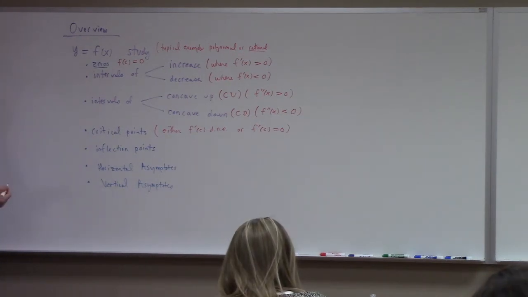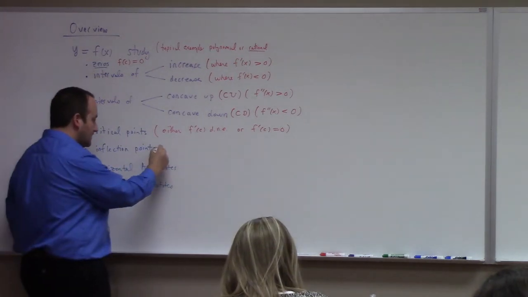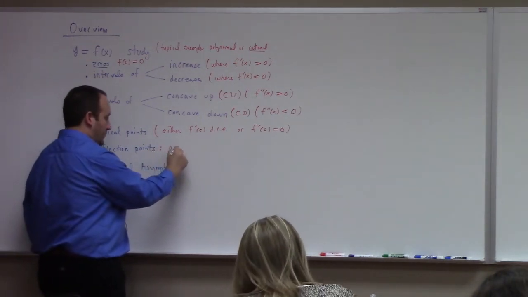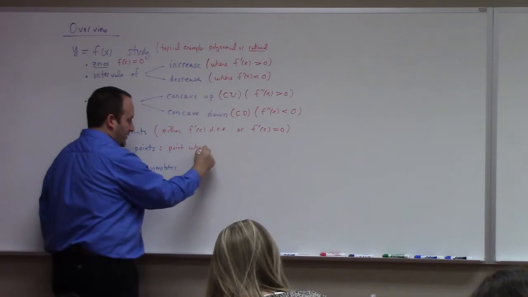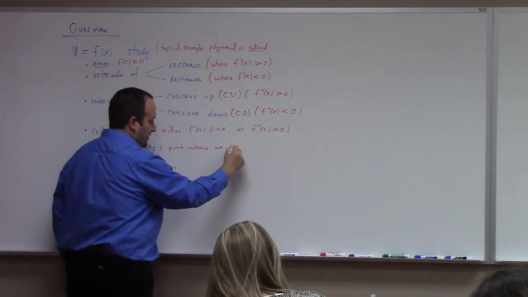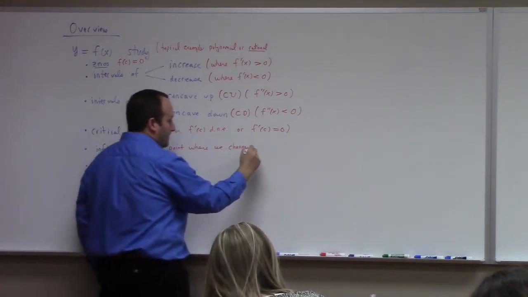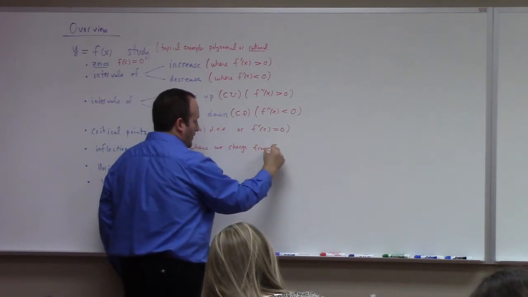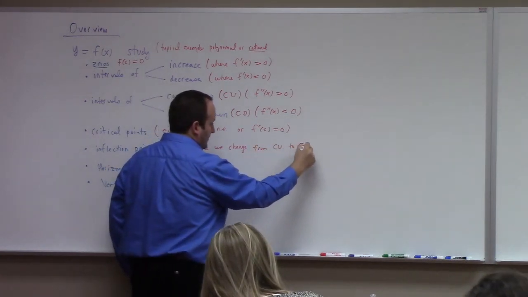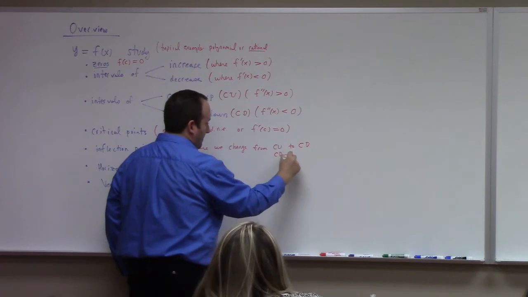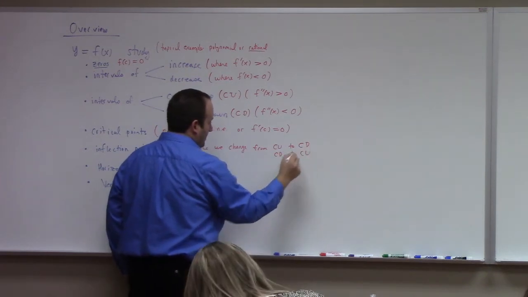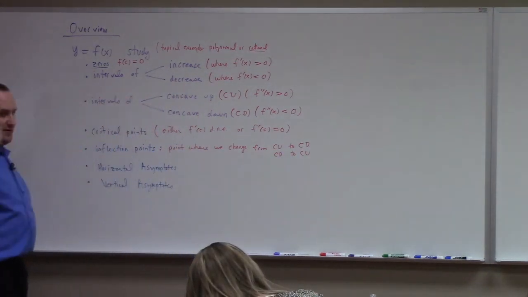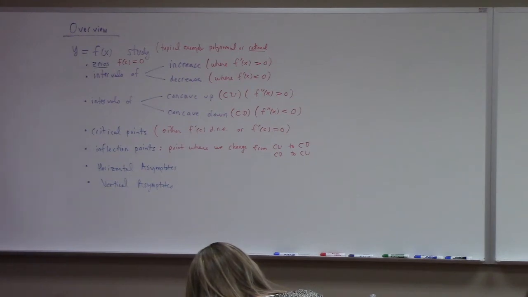What's an inflection point? It's a point where we change concavity from concave up to concave down, or vice versa. I usually think about going from left to right on a graph. That's why I have to say vice versa.